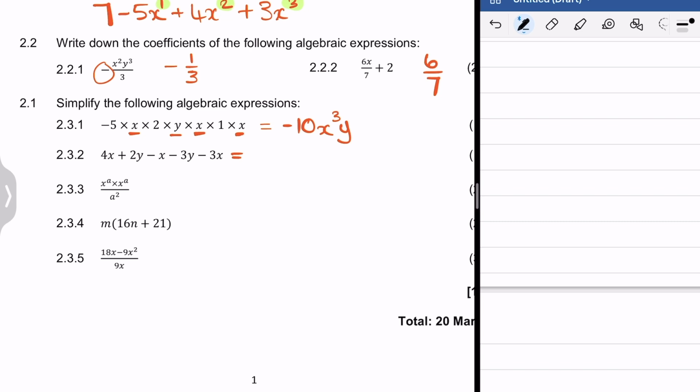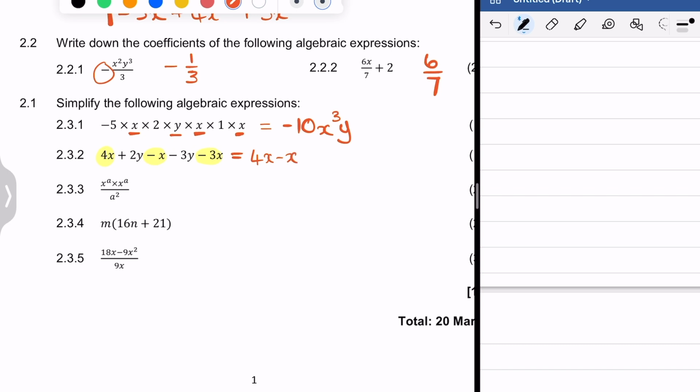2.3.2, this is an expression where we have terms being added together, so I need to look at like terms. So I can identify my like terms: 4x and negative x and negative 3x. I will rewrite them by putting them together.